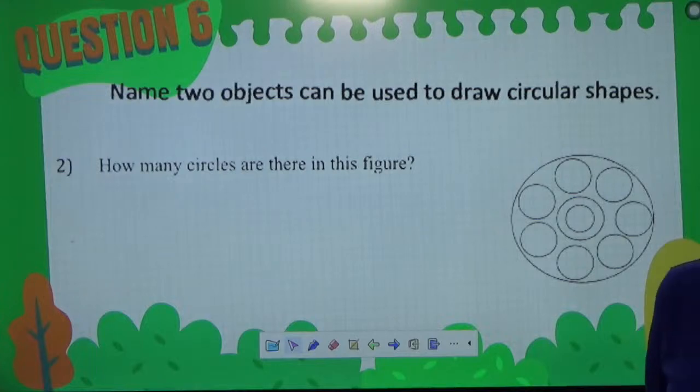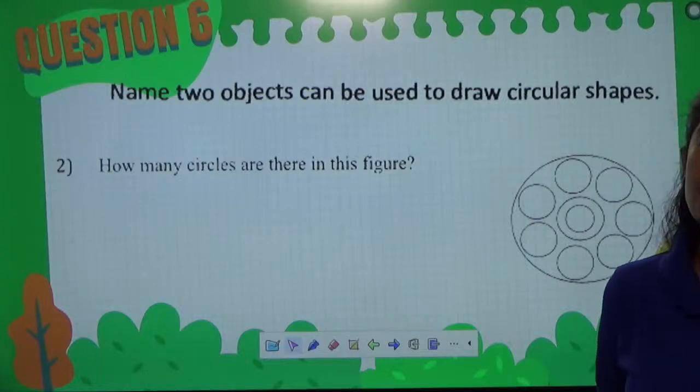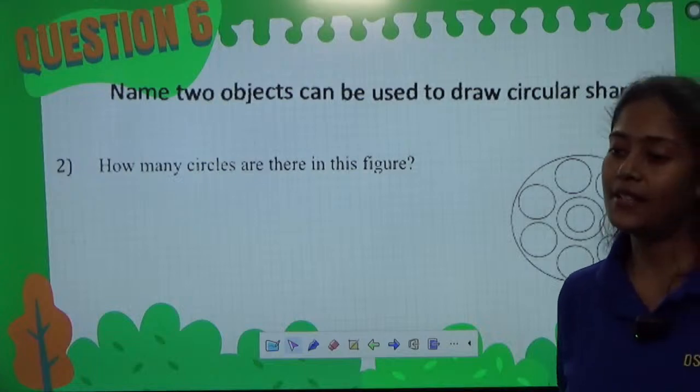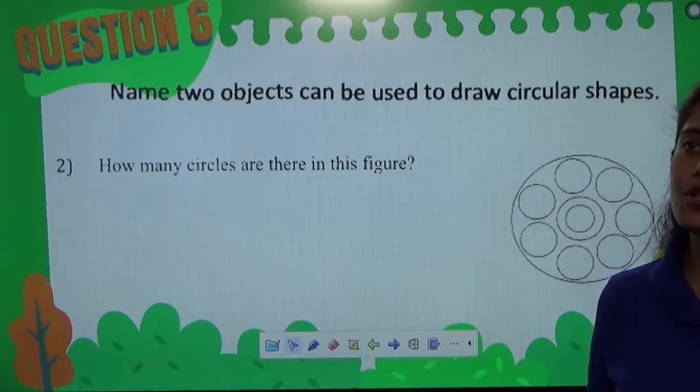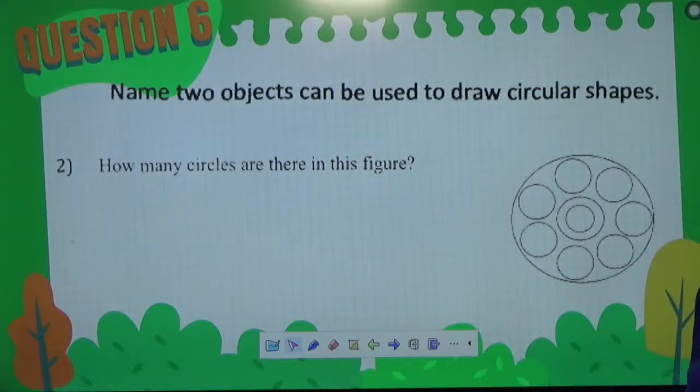Yes, a bottle. Another one? We can use a bottle lid. Then bangles. What are the other things? Saucers, plates. So many things you can name. Alia, are you okay now? Have you noted those?